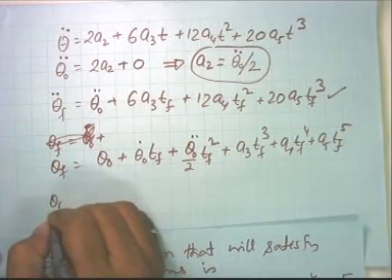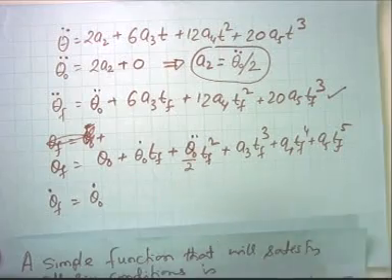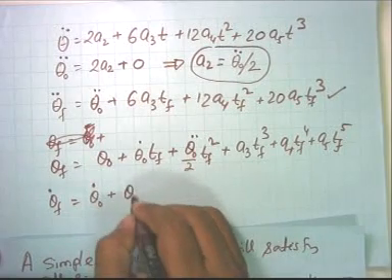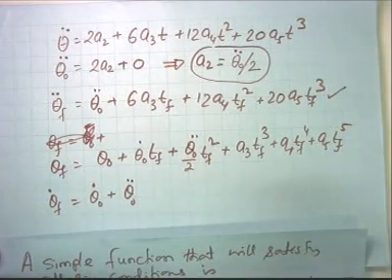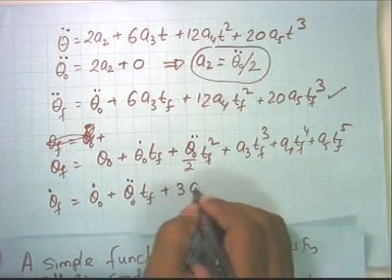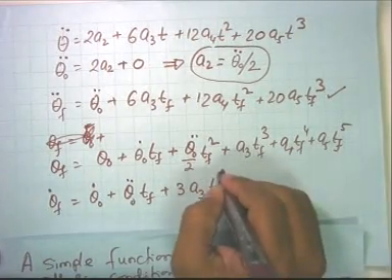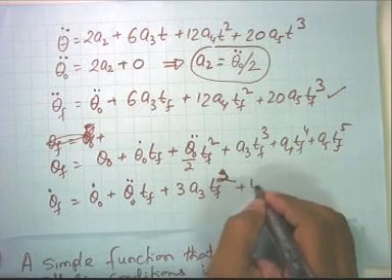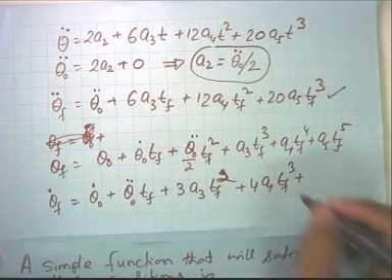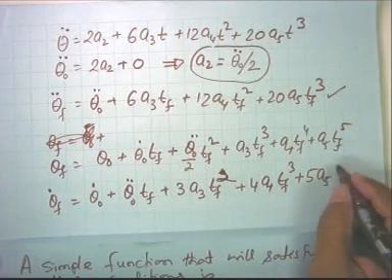And then you have theta f dot is equal to theta 0 dot plus 2A2, which will be theta 0 double dot Tf, plus 3A3 Tf square plus 4A4 Tf cube plus 5A5 Tf4.